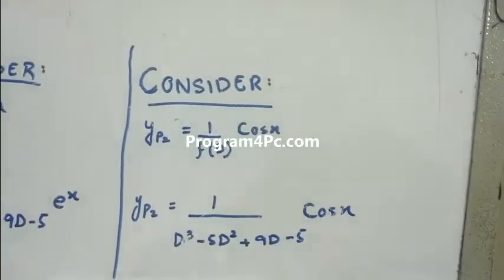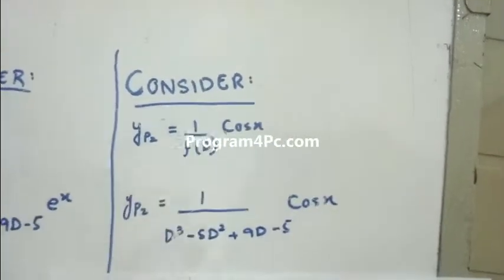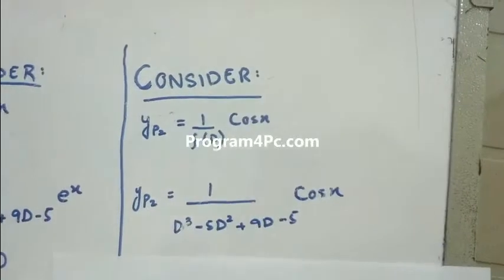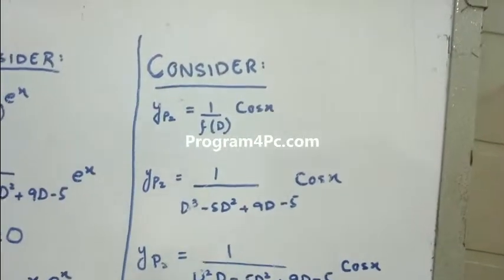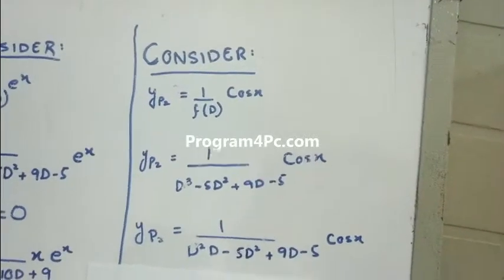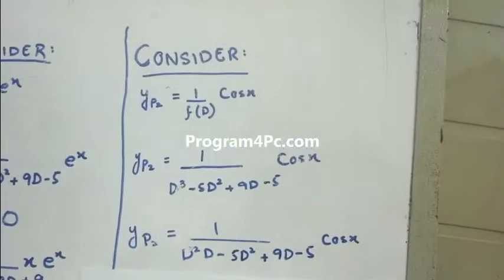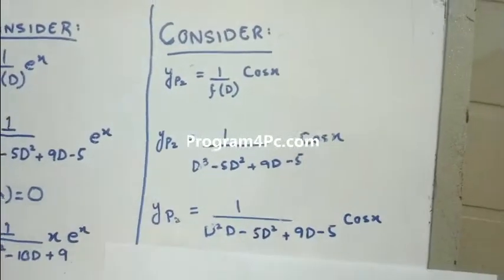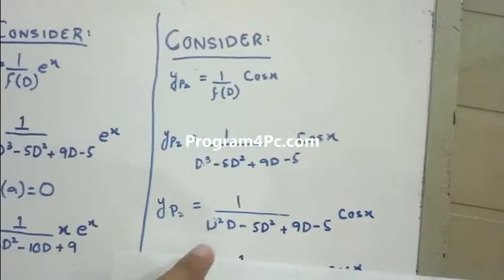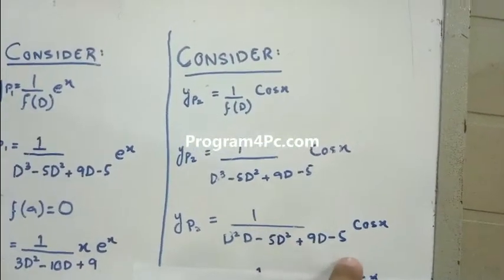By replacing it here, first we write the whole function. To replace it, we make the equation in terms of D square, because D square will be replaced by minus a square, not D alone. We make it first D square into D minus 5D square plus 9D minus 5.